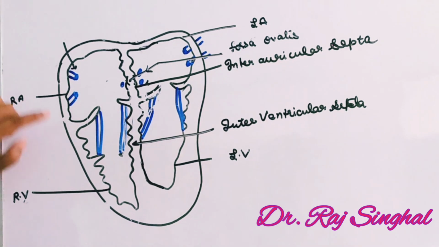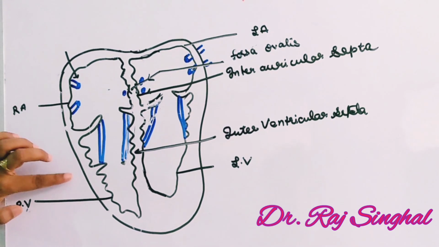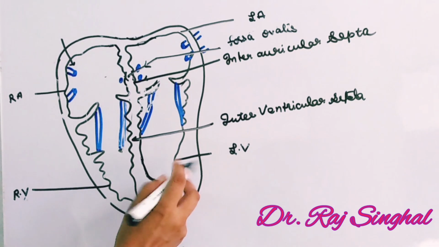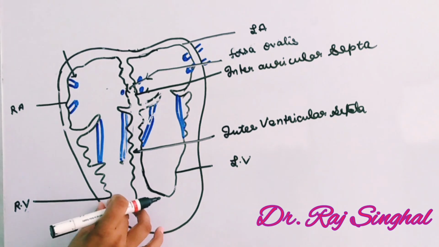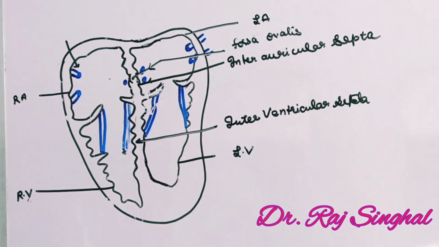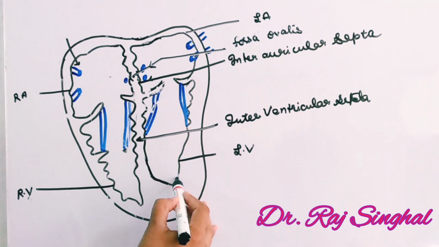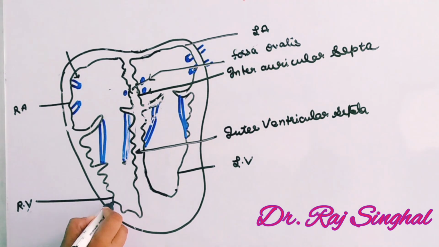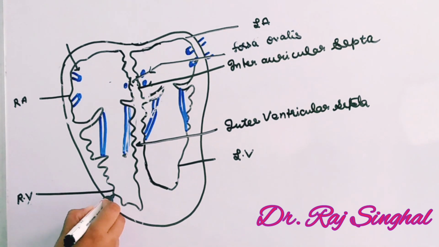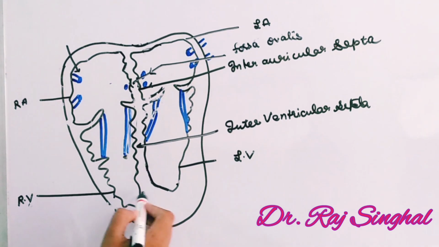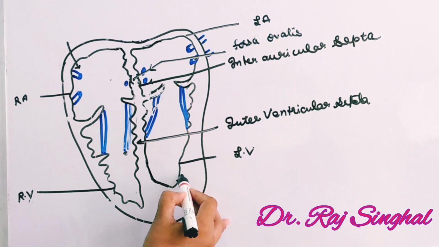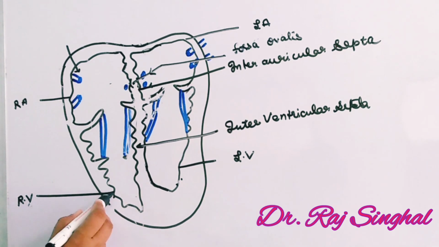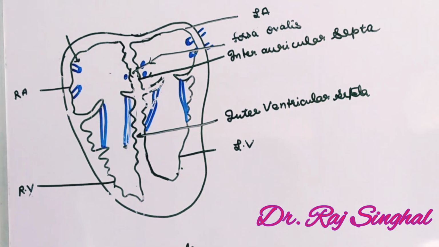The wall of auricle is thin as compared to ventricle, and among ventricles the wall of left ventricle is much thicker as compared to right ventricle, because the left ventricle has to pump the blood to the whole body, whereas right ventricle is pumping the blood to the lungs, and because of this reason the wall of left ventricle is much thicker. It is irregular in shape, having ridges and grooves.